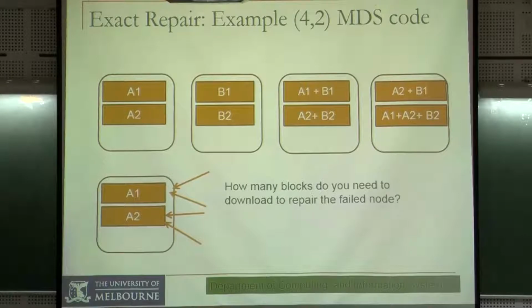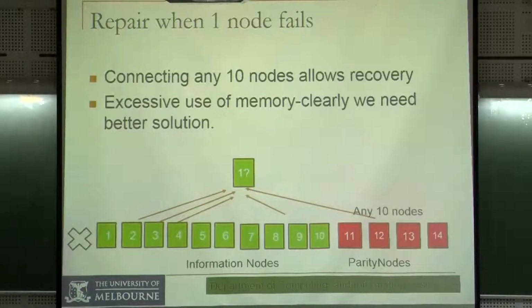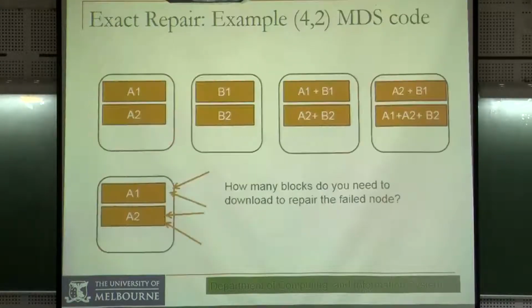These 4 blocks can be downloaded and used for repair. That's the Reed-Solomon code example that I mentioned. So depending on any failed node, you need to contact any other k nodes, and here I need any 2 of them. But how many blocks does that require? 4 blocks. Can you do better?